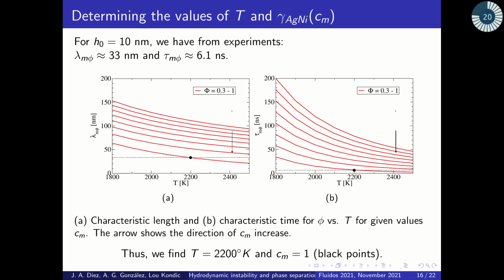In fact, from our experiments we can take typical length values for the separation of the instability of the concentration, which we assume are lambda, the wavelengths of maximum growth rate for the instability of the concentration, and the times at which this instability is observed in the experiments. These values are plotted in this graph as this horizontal line.